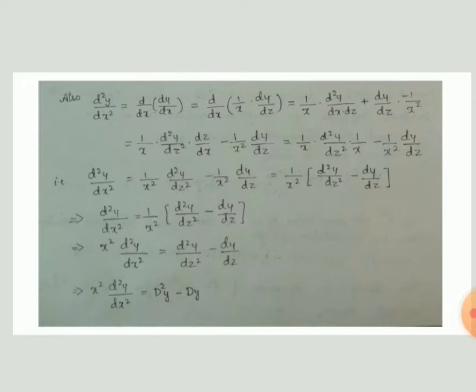First function 1/x into the derivative of dy/dz with respect to x, that can be written as d²y/dx dz, plus the second function dy/dz into the derivative of 1/x, that is minus 1/x². Further simplifying, 1/x into d²y/dx dz, where instead of dx I will write dz into dz and multiply by dz/dx. So d²y/dx dz I will replace by d²y/dz² into dz/dx.